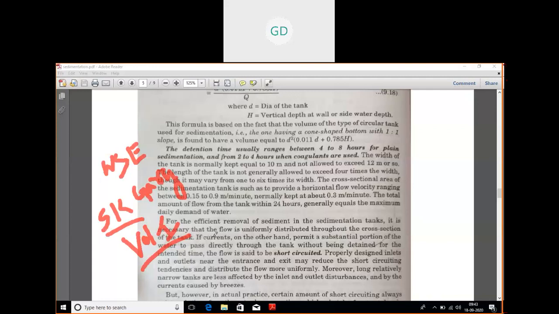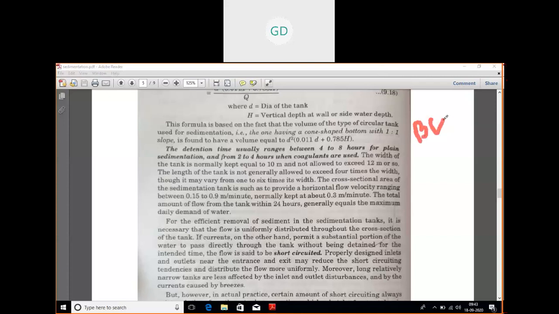You can buy both the books, and these books are quite effective for competitive exams. Another book is also there by B.C. Punmia. You can buy that one also. So, S.K. Garg and B.C. Punmia.